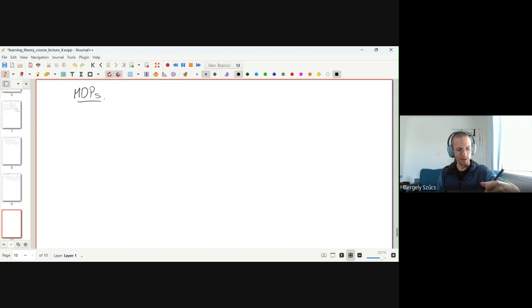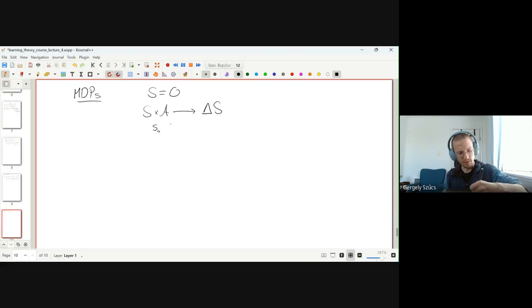So we saw the definition of an MDP in particular. We defined a POMDP in general, and then we said that in an MDP, the state is observed, so we can identify the set of states with the set of observations. And then we have a transition kernel which, for each state and each action, tells us what the distribution of the next state is.